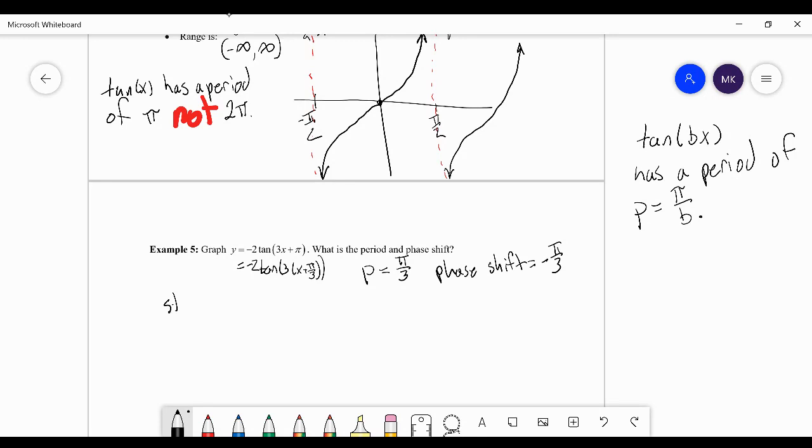So our start point is going to be, I know I'm really annoying right now, well, my brain just completely blanked. It's going to be negative pi over 6.